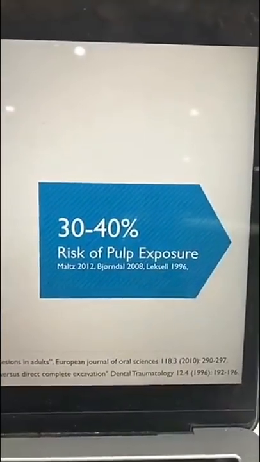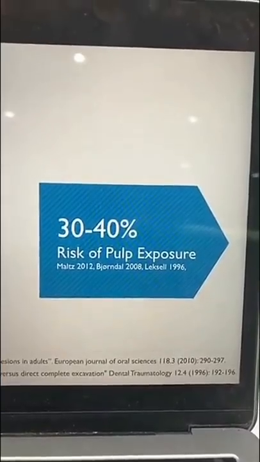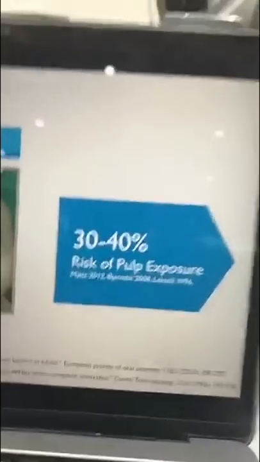The percentage of pulp exposure in these cases is at least 30 to 40%. So if you see 10 cases of these lesions, you will have a pulp exposure in at least 3 to 4 cases out of 10. So it's a pretty high number. I'm sure that you have experienced this situation before.